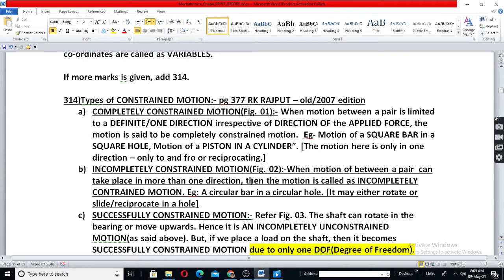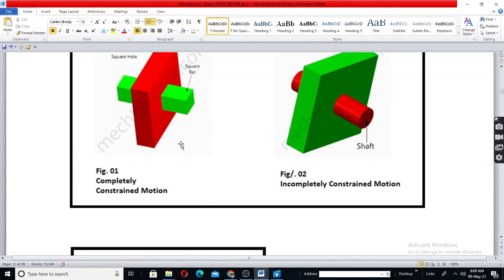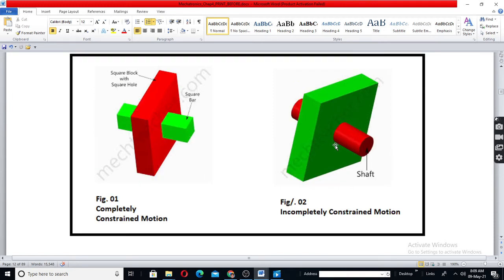Completely constrained. This is completely constrained. This is incompletely constrained. See, it can slide as well as rotate, and we are not sure how it goes. Here you are sure, only one case. Here, not sure.